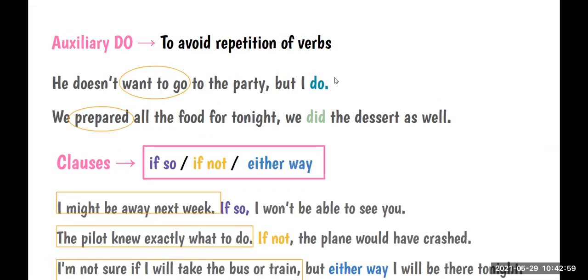To avoid the clause of we prepare all the food for tonight, we can avoid it, no? Again, please. In the second clause, I refer.